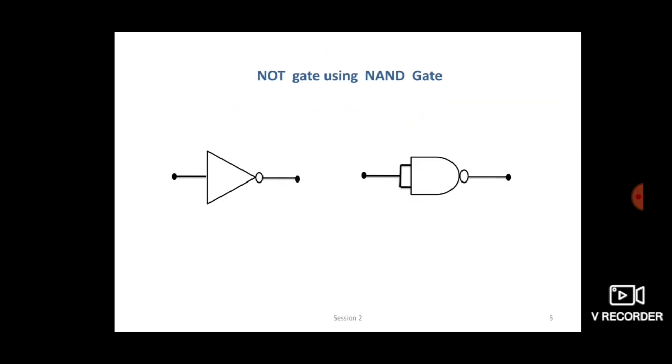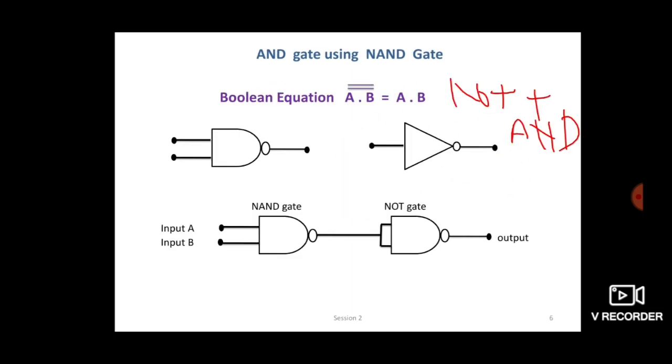This symbol is used instead of this NOT gate, because it is NOT plus AND. See here, input A is joined to the first NAND gate. Here, instead of NOT, the construction of the NOT gate using a NAND gate is joined. This is the construction of the NOT gate and this is a NAND gate.